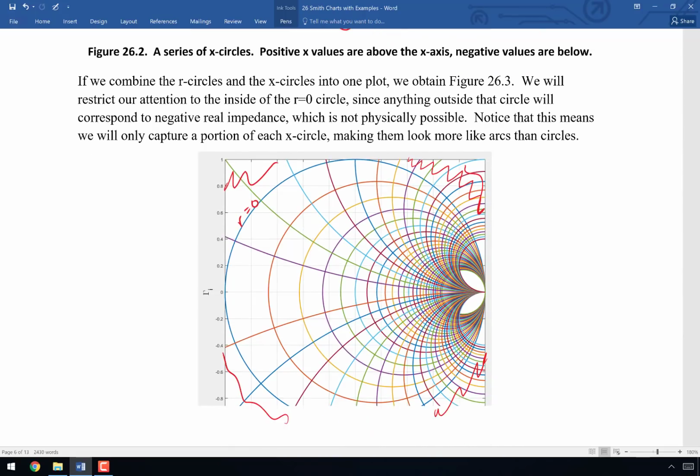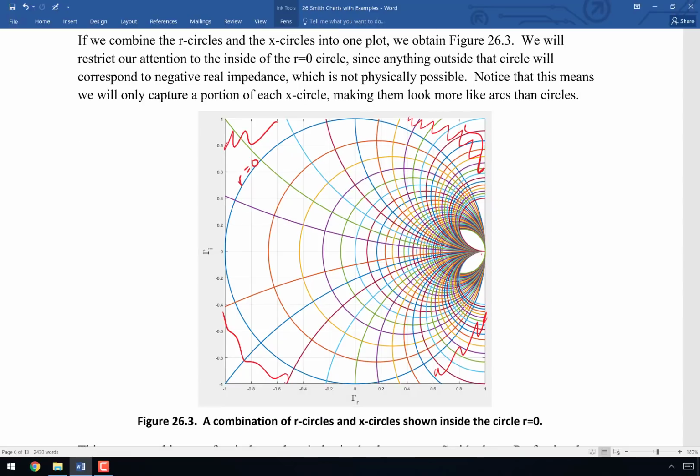So if you look over here, you can see most of say this circle right here. But when we get to the outer circles, boy, this circle would be way off the top of the screen. So I can't even imagine what that whole circle looks like. But every one of the X circles is a complete circle. It's just that we're only seeing a portion of it.